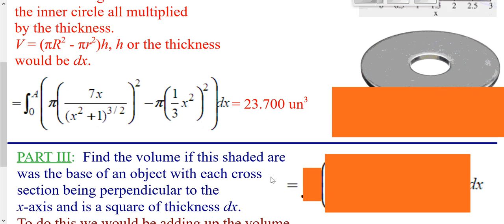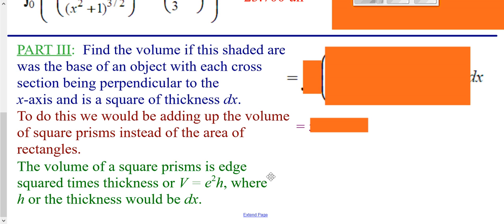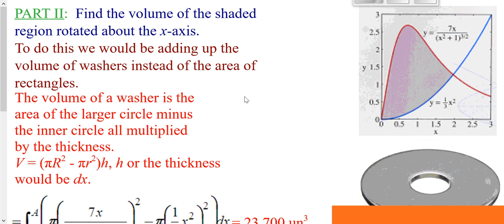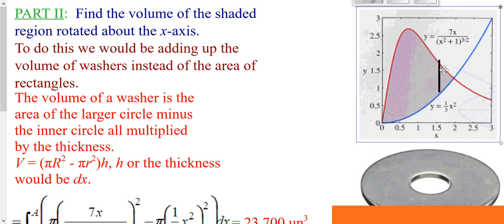Now, the second extension is, suppose we have that same shape, except we're going to try to do squares coming out of this. In other words, you would have the bottom edge of a square here, and then you'd have a square coming straight up out of your screen, that same height that we just drew here.